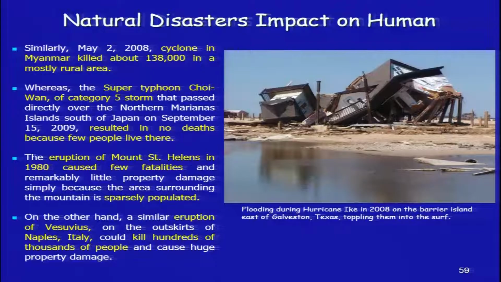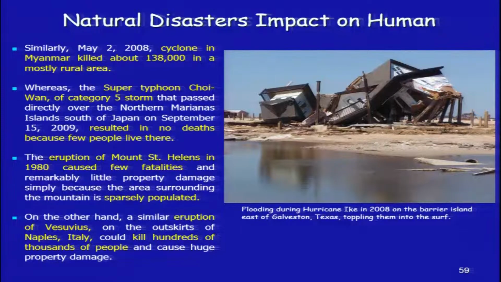Okay. On the other hand, a similar eruption of Vesuvius on the outskirts of Naples in Italy could kill hundreds of thousands of people and cause huge property damage. This would again be very devastating because the population is high and the populated area is very close to the volcanic eruption.